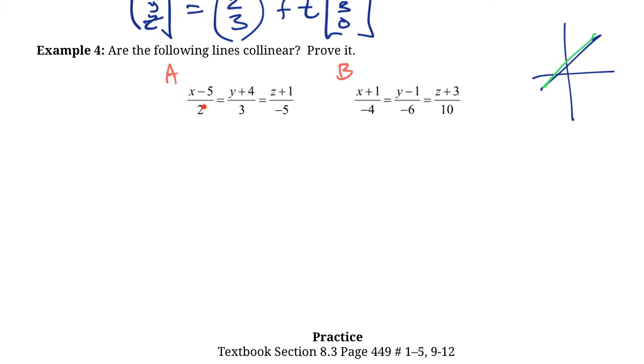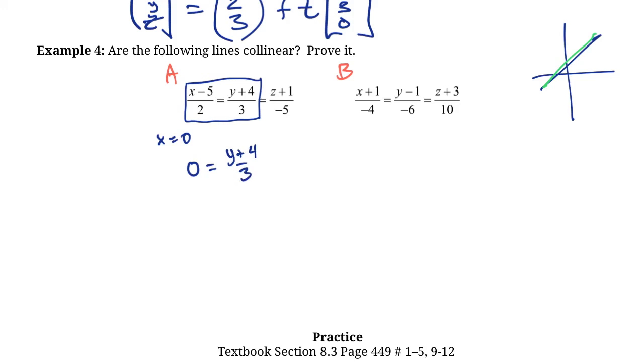I'm going to pick an easy value for x. I'm going to pick x as 5, because 5 minus 5 is 0, so this whole thing is going to be 0. I think that's going to make it really easy for us. So I'm going to start off with x equals 0 in this equation, and the left side is going to be equal to 0. I'm going to focus on the first two parts. So it's 0 equals y plus 4 over 3.